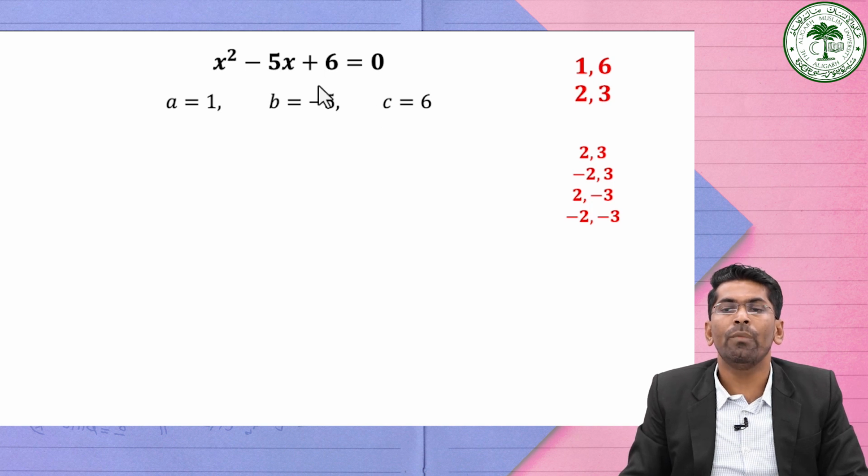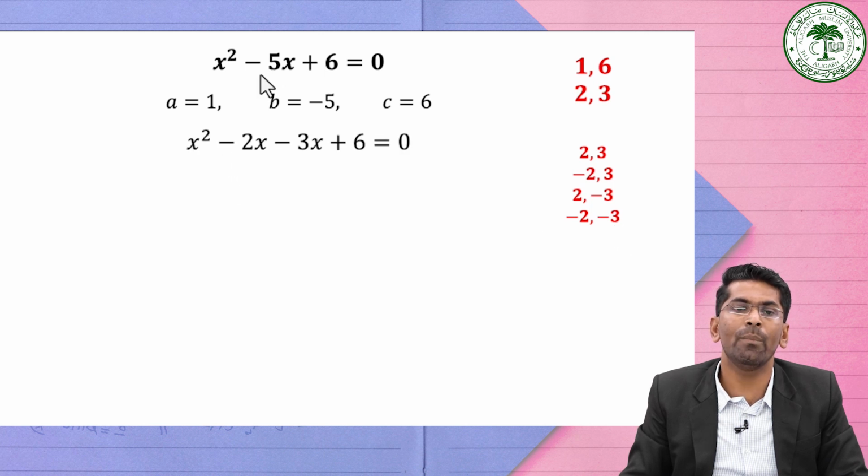Now we can rewrite the middle term, minus 5x, with these two factors. Instead of minus 5x, I am writing minus 2x and minus 3x. So I have replaced the middle term minus 5x with minus 2x minus 3x. Now we can group these terms.